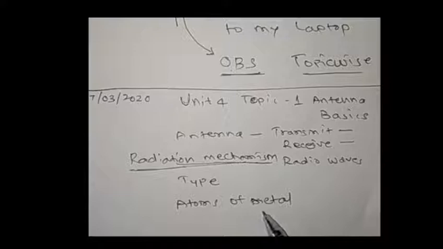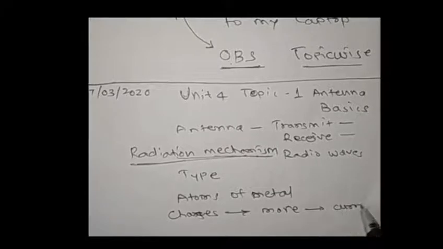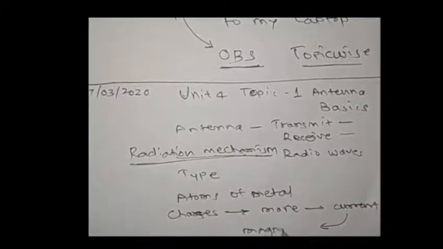And as you know, there is a sequence where first the free charges, or charges which are detachable from atoms, move, and this results in current, and the current results in a magnetic field.